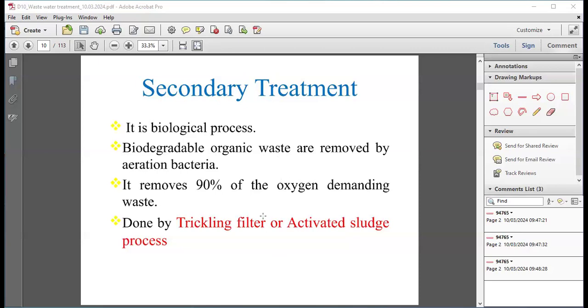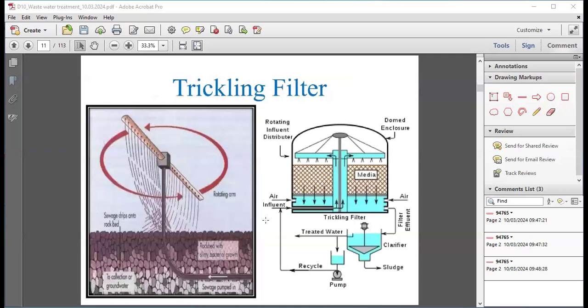This is the secondary treatment. Then the trickling filter. This is the sewage drip and some of the arrangements, a rotating arm with bacterial growth.